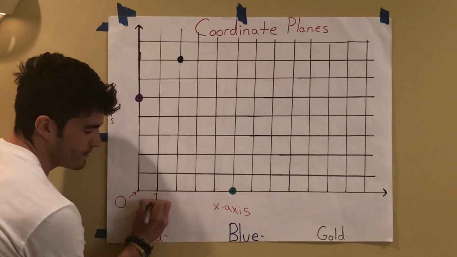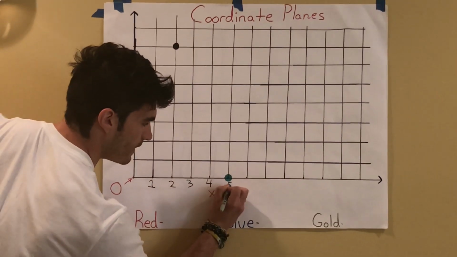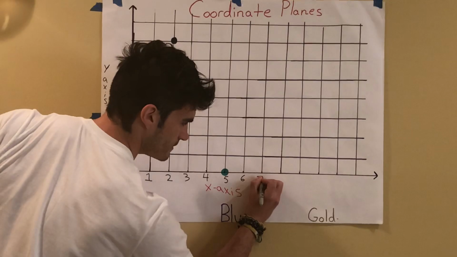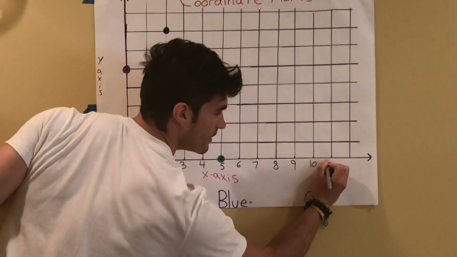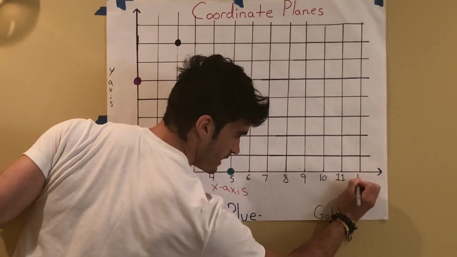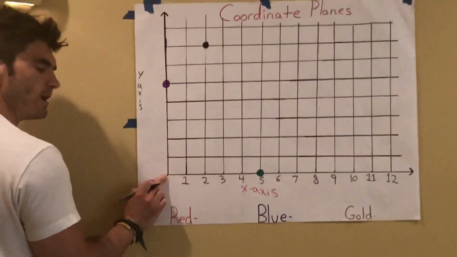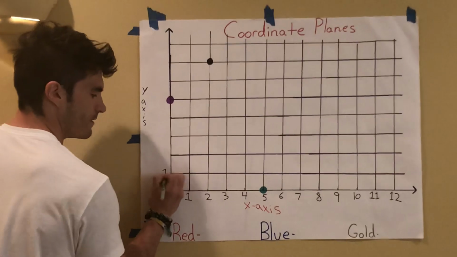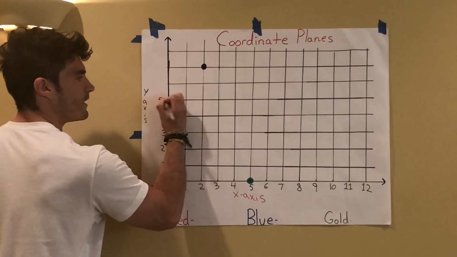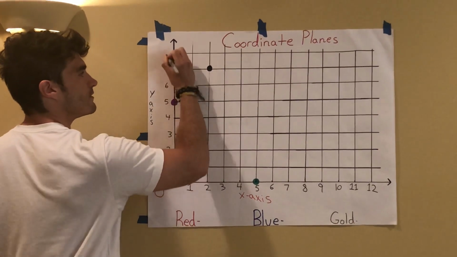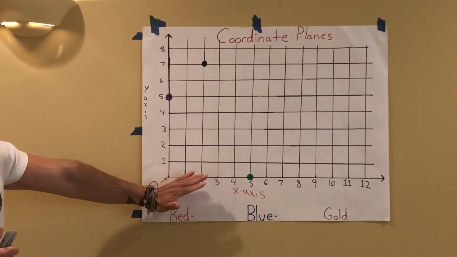So this is 1, 2, 3, 4, 5, 6, 7, 8, 9, 10, 11, and 12. My y-axis starts at 0 as well, and we travel upwards with 1, 2, 3, 4, 5, 6, 7, and 8. These are only positive numbers for this example.